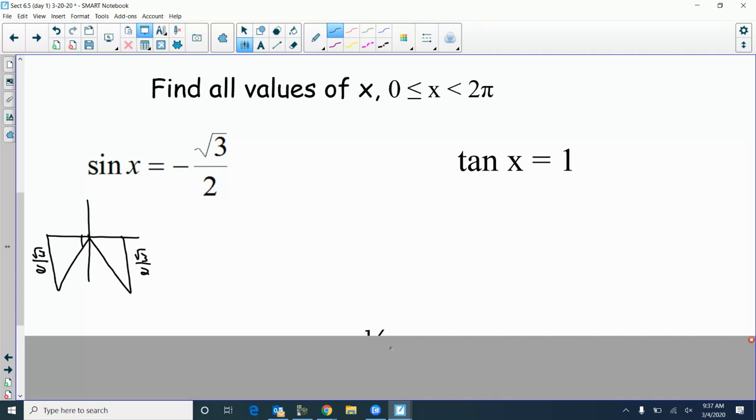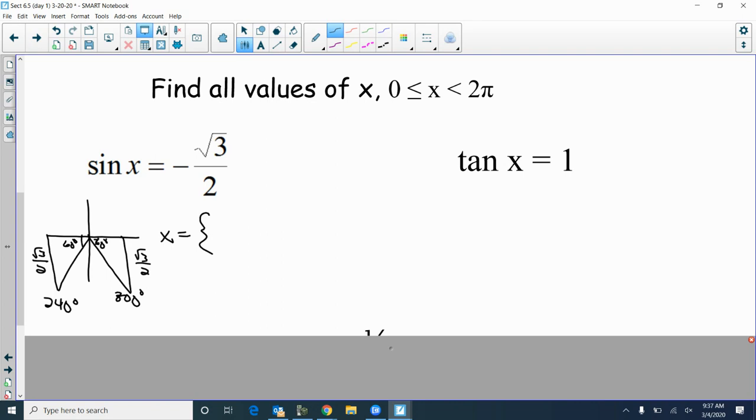That means our reference angle, I'm just going to think in degrees right now, is what? 60. So what are the actual two angles going to be? That's 60 and that's 60. That's 180 plus 60, which is 240. That's 360 minus 60, which is 300.